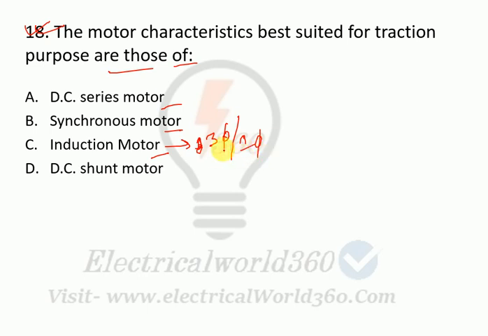Induction motor means it can be any one of these two. And the option number D is the DC shunt motor. So here the option number A is the right answer. DC series motor is the right answer.